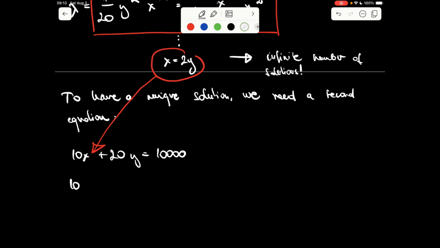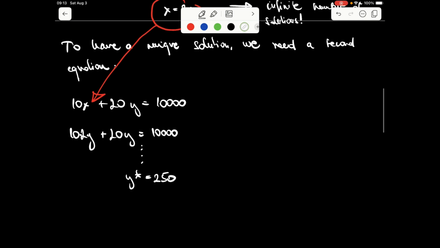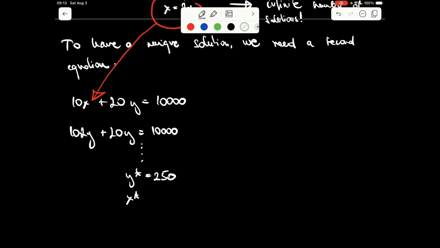So finally we have this equation from the combination of the two constraints, and from this it follows that the optimum solution for product y is 250 and the optimum solution for x is 500.